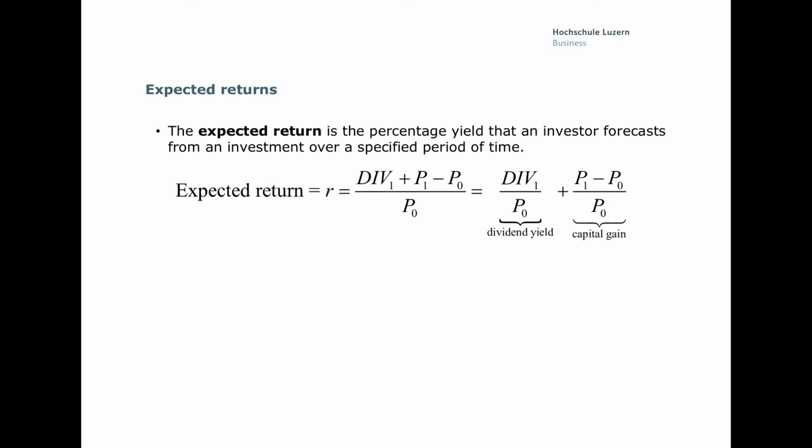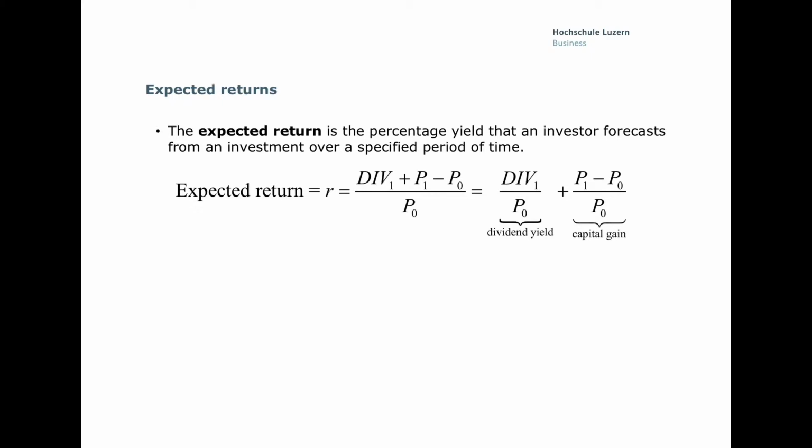The expected return R is defined as the percentage yield that an investor forecasts from an investment over a specified period of time. In terms of a stock, the cash payoff is coming in two forms: cash dividends and capital gains. In terms of notation, P0 is today's stock price and P1 is the expected stock price 1 year from now.